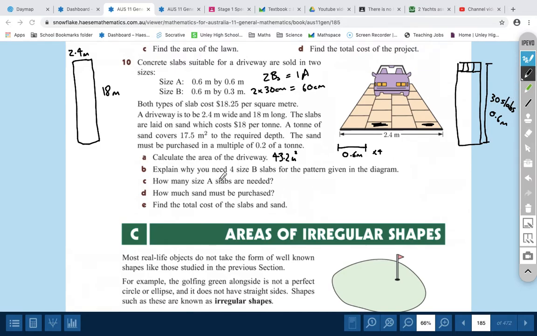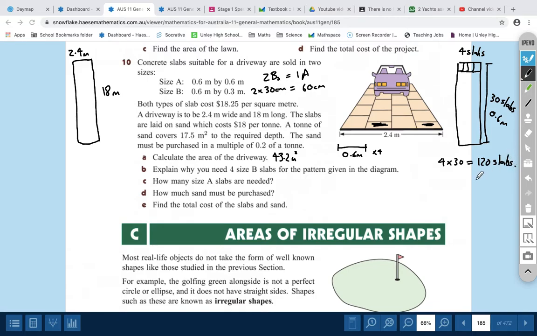How many size A slabs are needed? Well, there's a good question. Well, we've got 30, we'll forget the little ones for a minute. We've got 30 long and we've got 4 wide. 4 slabs wide. So what I could do is 4 times 30. 4 times 30 is 120 slabs, right?